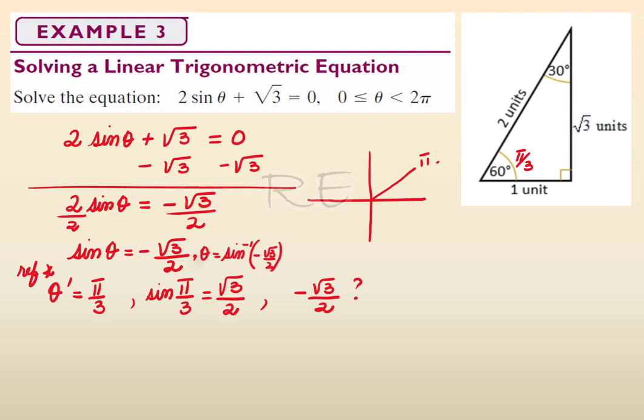The reference angle is pi over 3, and sine is negative in the third quadrant, which will be pi plus pi over 3, and in the fourth quadrant, which would be 2 pi minus pi over 3.